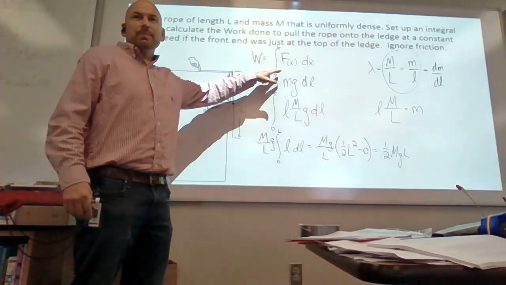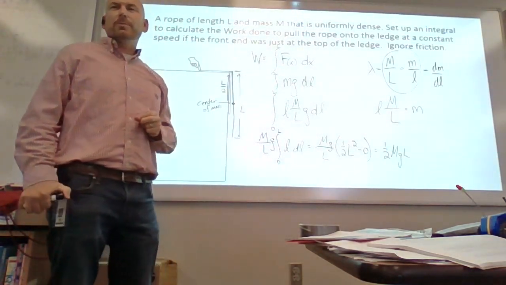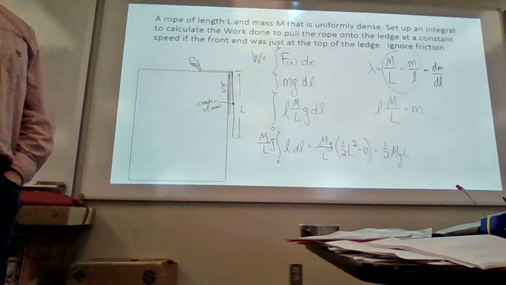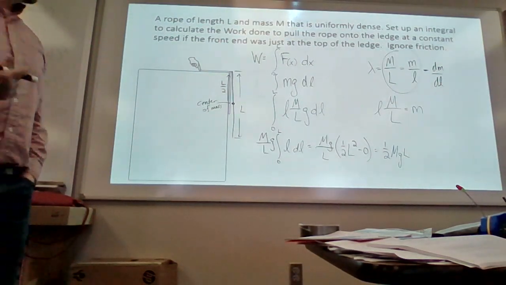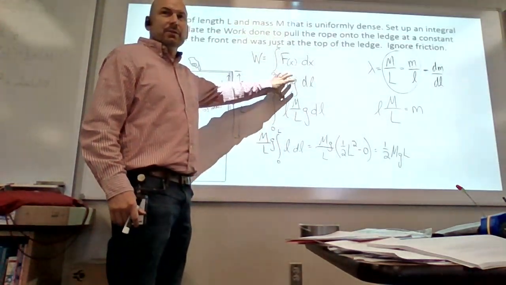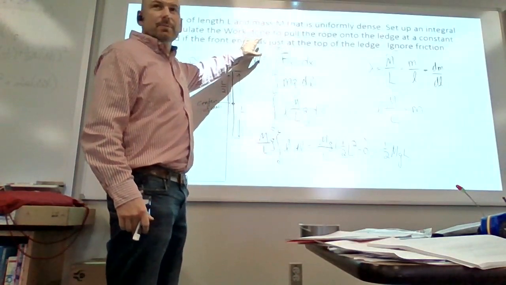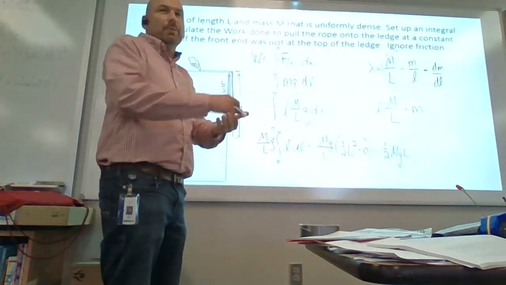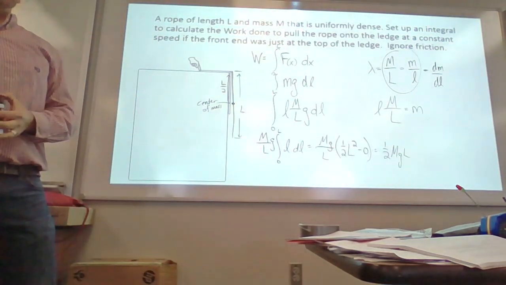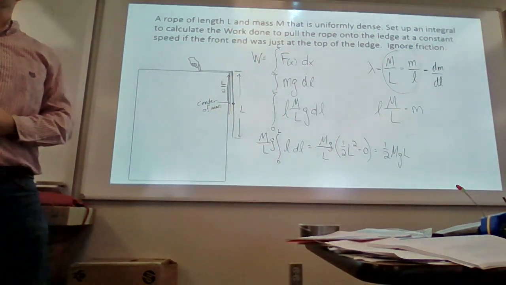They probably wouldn't say the speed's accelerating from this to this. They'd just say the force isn't constrained to be this. This is a special case to make it move at a constant speed. They'd just say here's the speed you're pulling it, it's increasing or decreasing. How much work, or how fast is it going at the end?